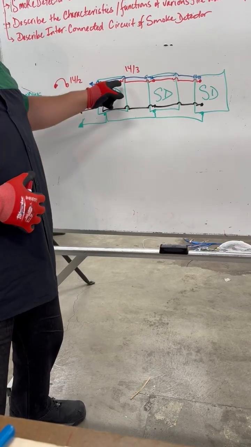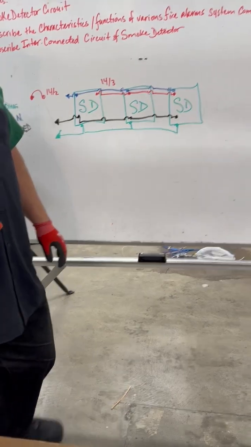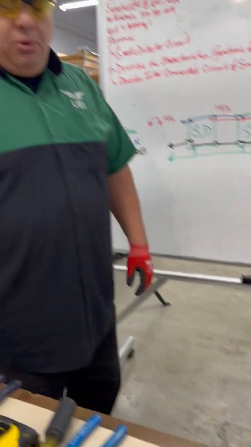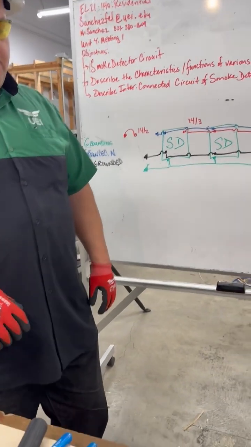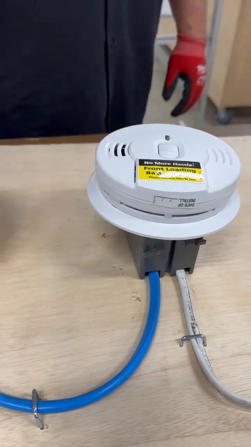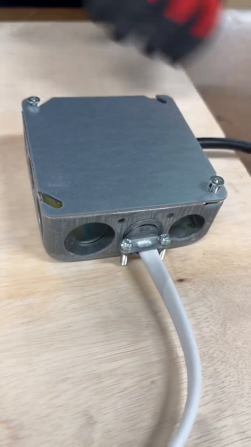The only thing new to it is providing that interconnected circuit between all the smoke detectors and explaining that concept. Here on the board, you can see we got 3 smoke detector circuits. In between here, we got the 14-3, we got the 14-2, we got our source box, our junction box, where we have our source power coming in today.